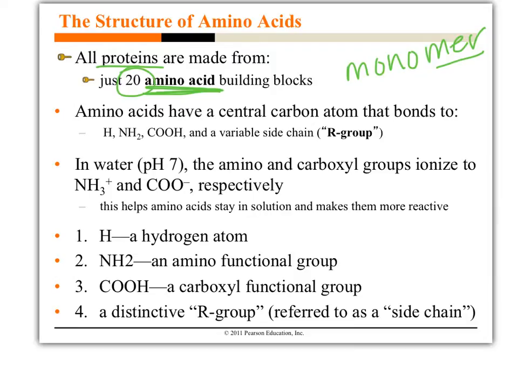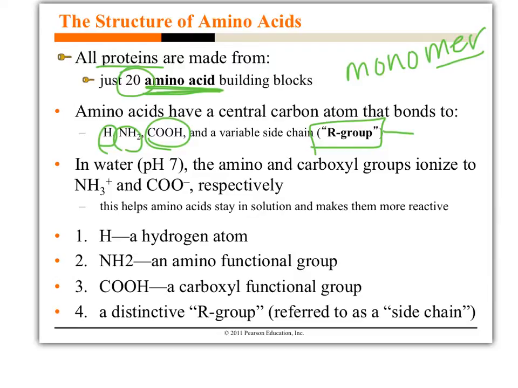All amino acids have a hydrogen, a nitrogen, and a carboxyl group, and then a variable R group. Okay, they call it an R group, like X. Solve for X in algebra, it's the R group. Any of the side chains. It's the generic term for the side chain.